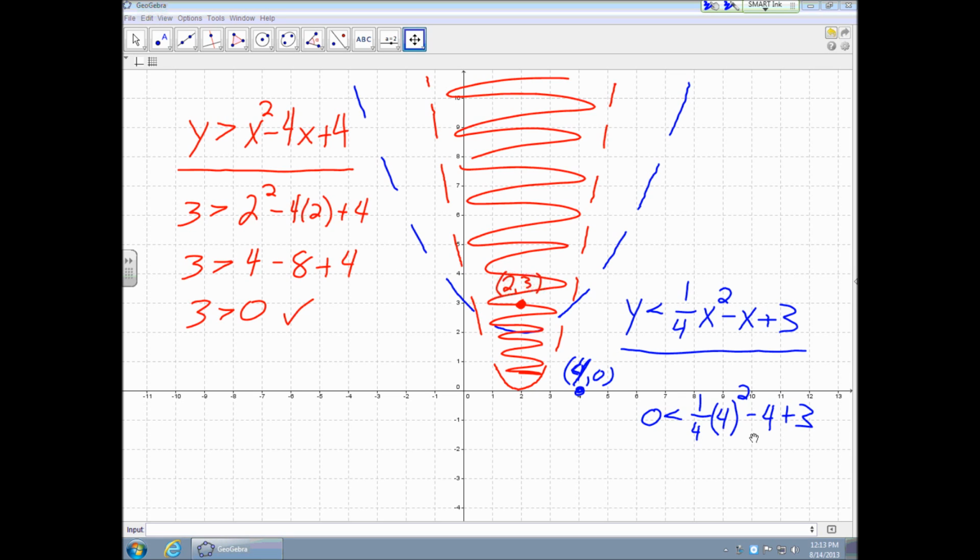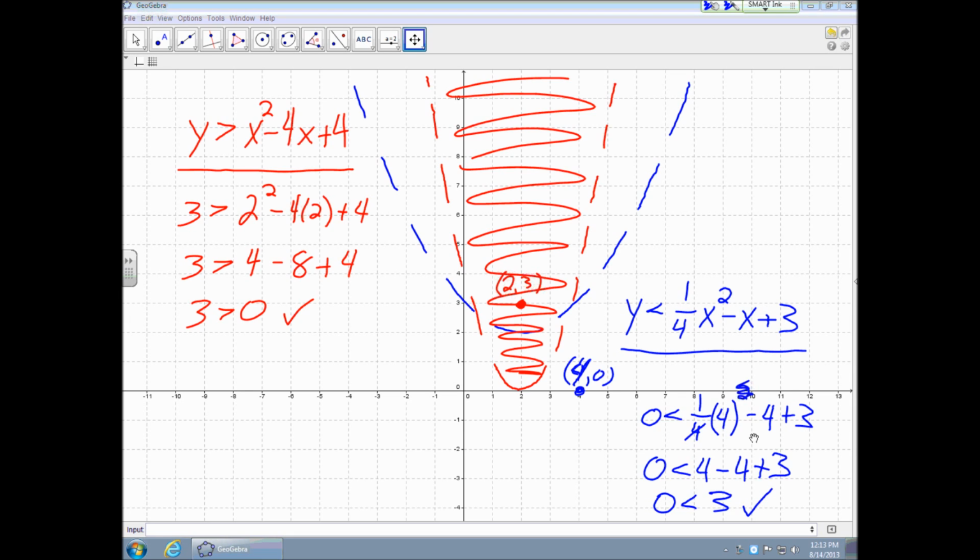And now we can cancel out. There's 1/4 here, so we cancel out the 4 here, leaving us 4 to the first power. And is 0 less than 3? 0 is less than 3.